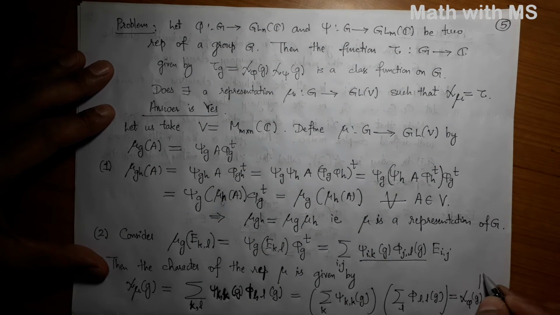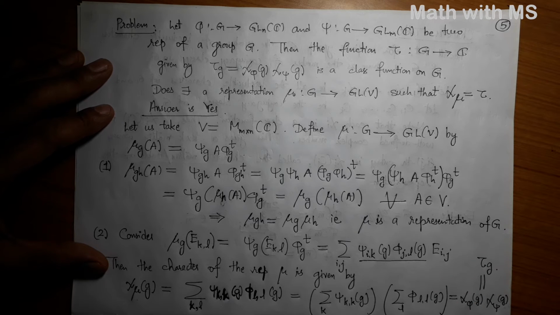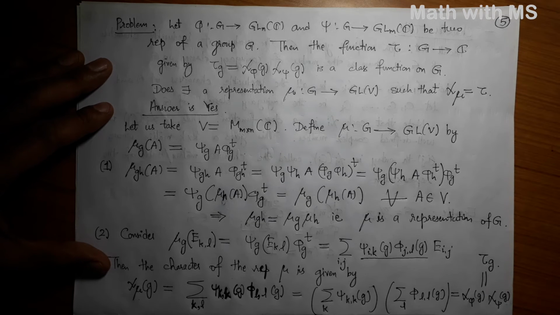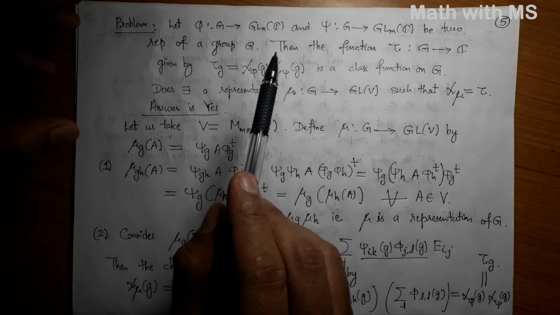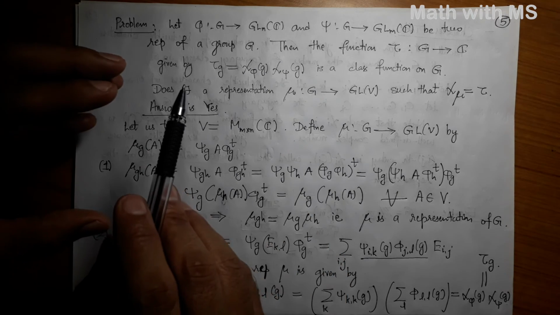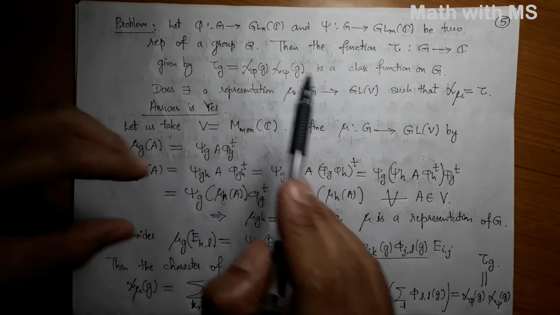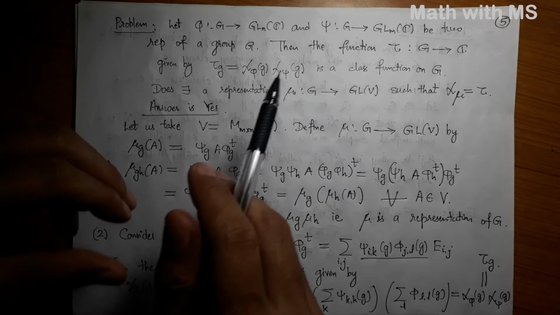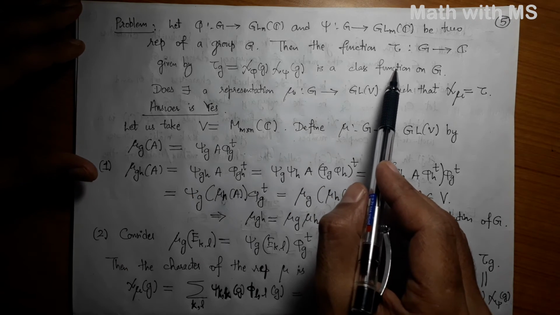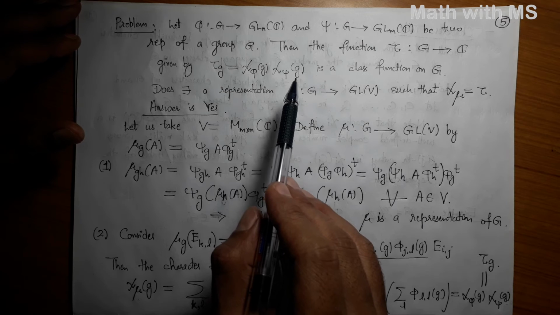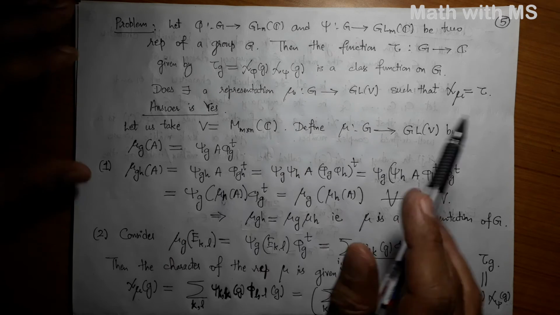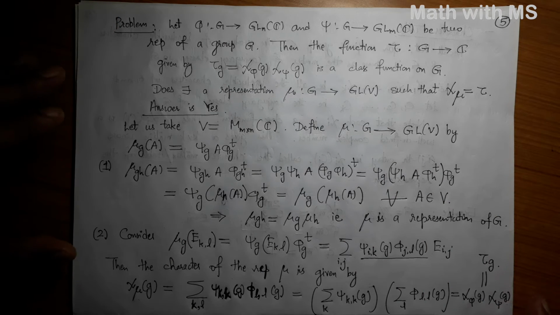Which I have set as tau of g. Alright, so this shows that given two representations, you take their characters and take their pointwise product. It's a class preserving function. It turns out that that class preserving function is indeed a character of some representation, and the representation can be explicitly constructed like this.